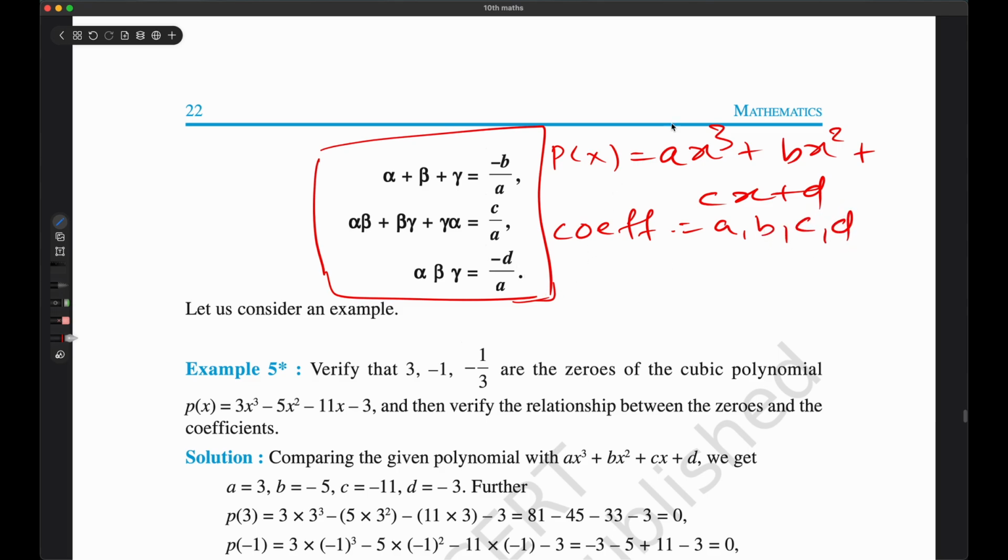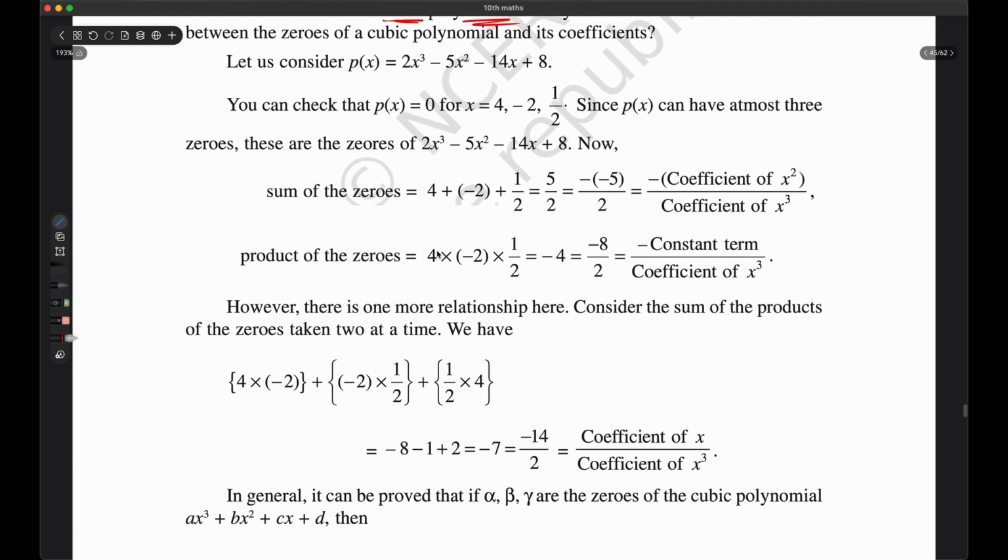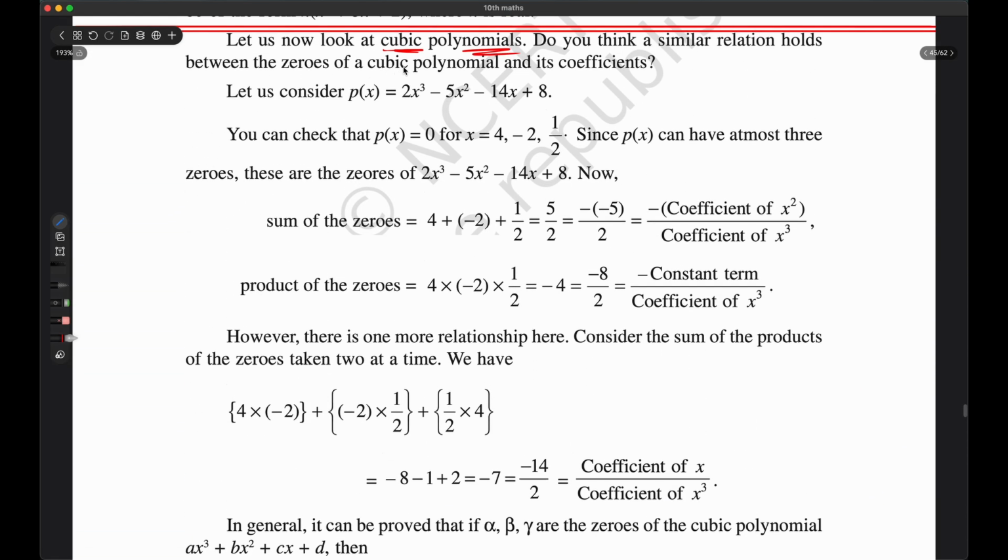Because it is a cubic polynomial, we have three zeros of polynomial: alpha, beta and gamma. So let us derive for the cubic polynomial.